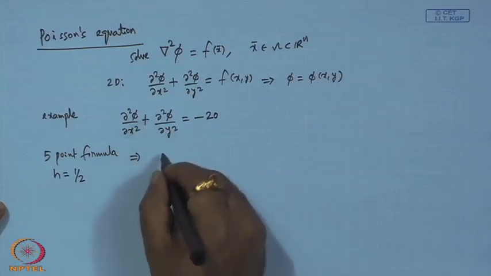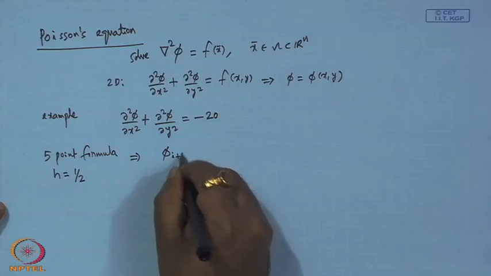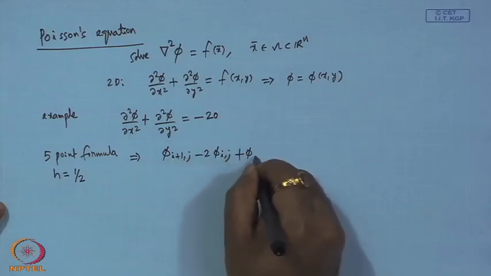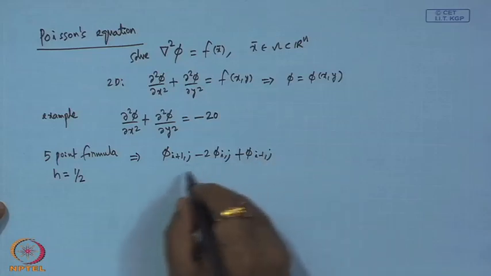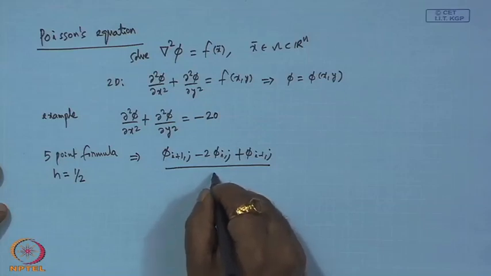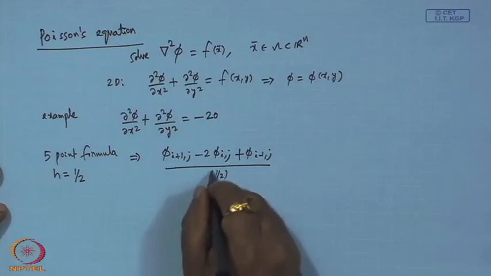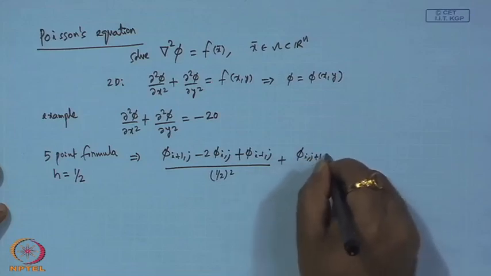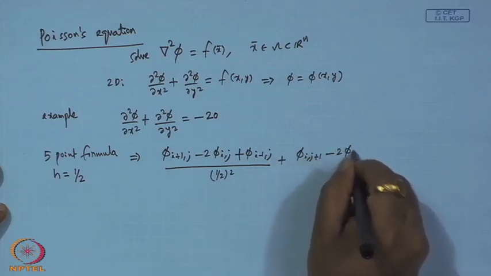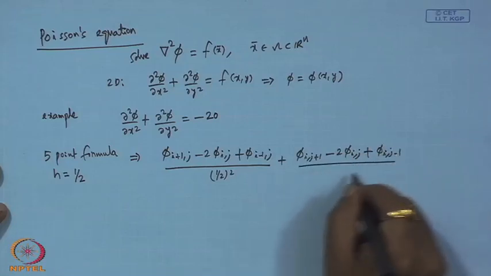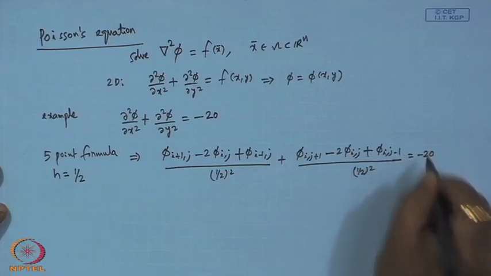So, this means phi I plus 1 j by h square equals minus 20.